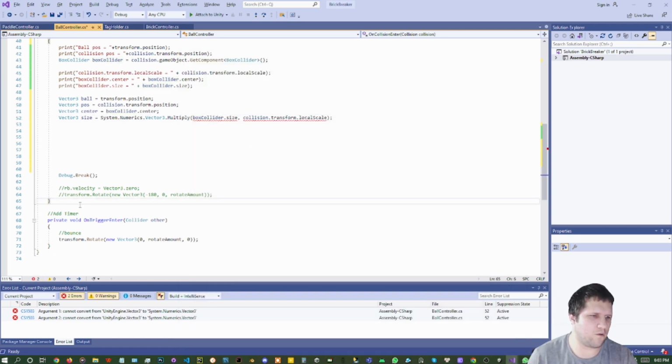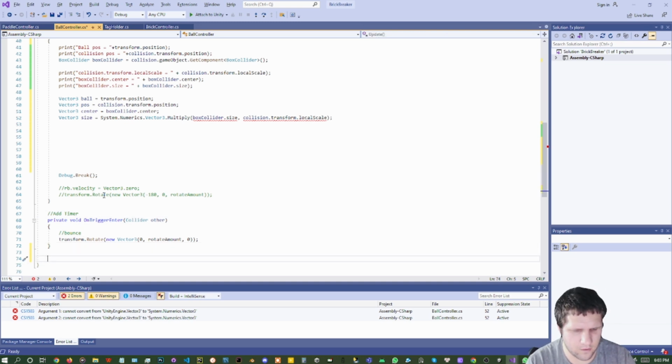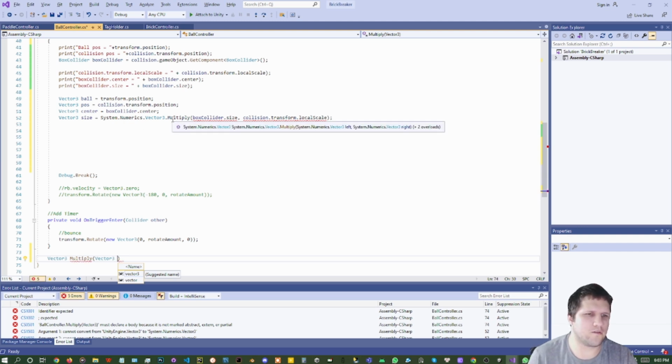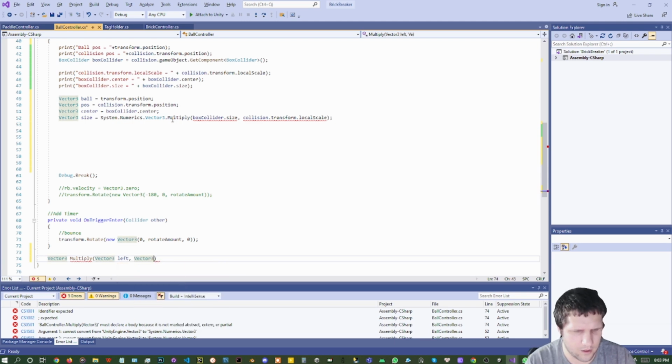You know what? Let's just make our own multiply function. That's easy enough. So vector 3 multiply is going to take vector 3, I don't know, what do they call theirs? Left and vector 3 right. I like that.